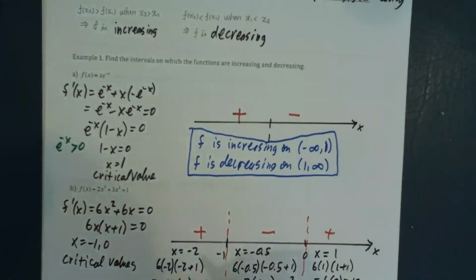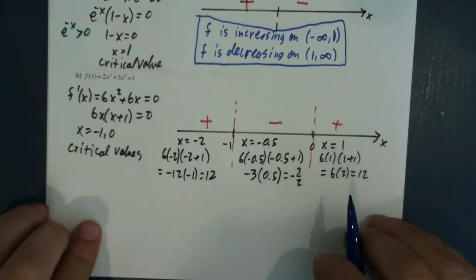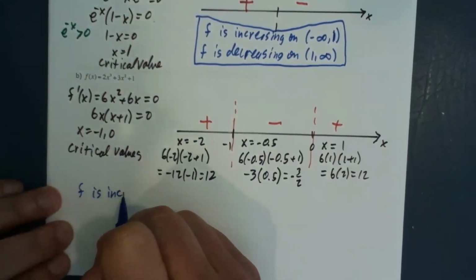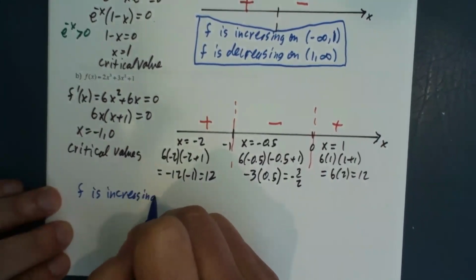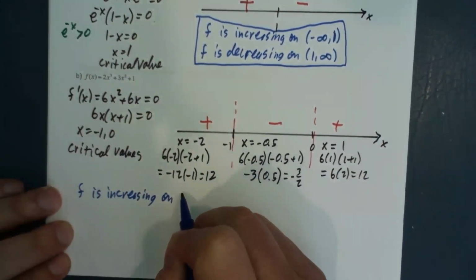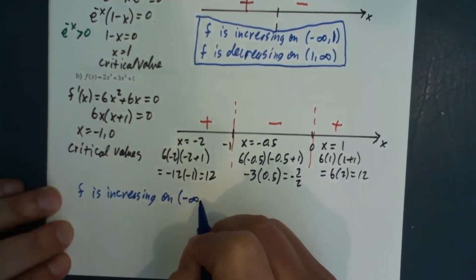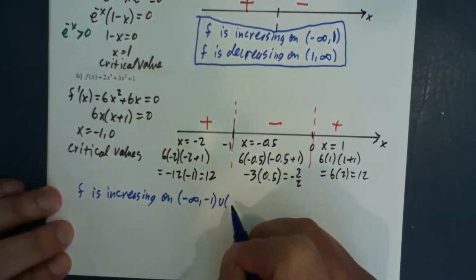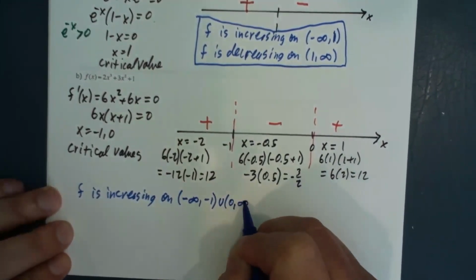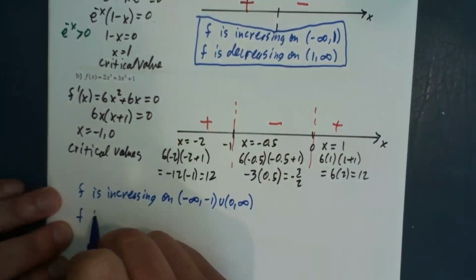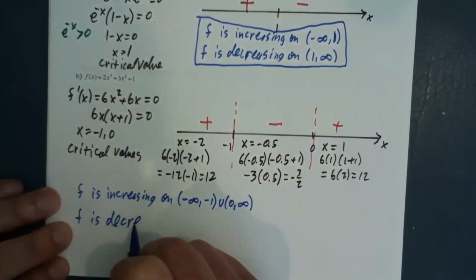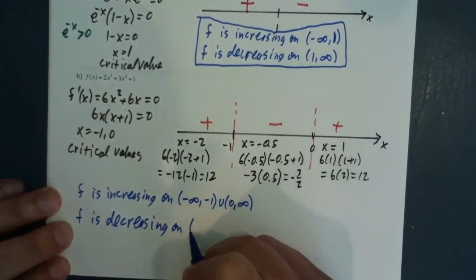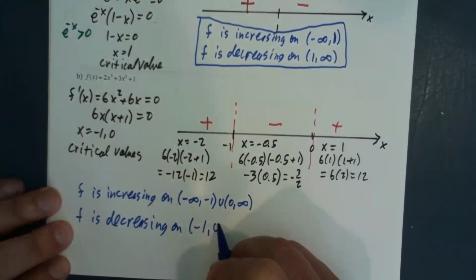So we're going to say that f is increasing on negative infinity to -1, and, or I should say, 0 to infinity. And f is decreasing from -1 to 0.